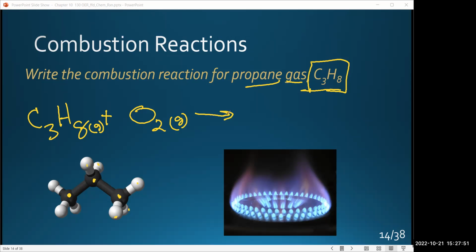Now, what are the 2 products, the only 2 products that we are concerned about when there is the combustion of a hydrocarbon? There's only 2 products that you have to be concerned about. Any idea?